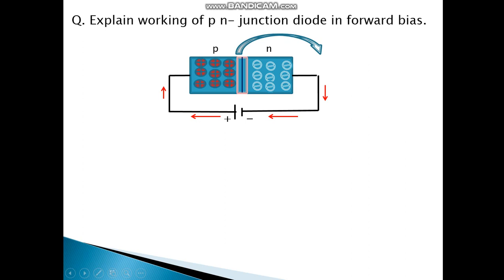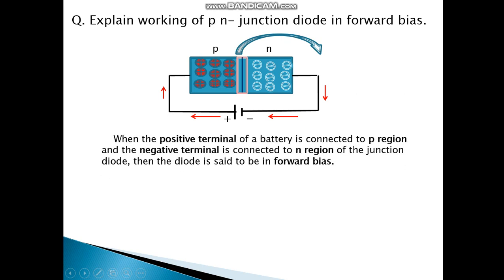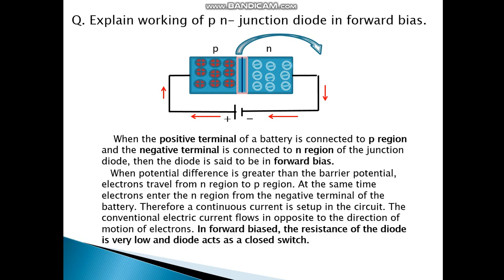Now let us see what is forward biasing of a p-n junction. This is a block diagram again. The P side is connected to the positive terminal. When the positive terminal of a battery is connected to the P region and the negative terminal is connected to the N region of the junction diode, then the diode is said to be forward biased. When the potential difference is greater than the barrier potential, electrons travel from the N region to the P region.